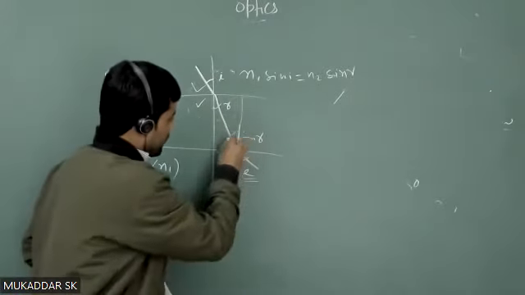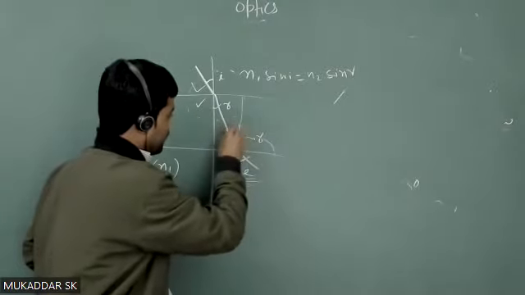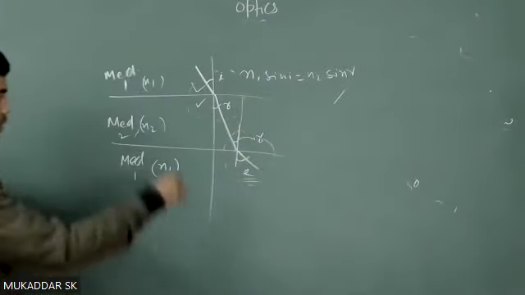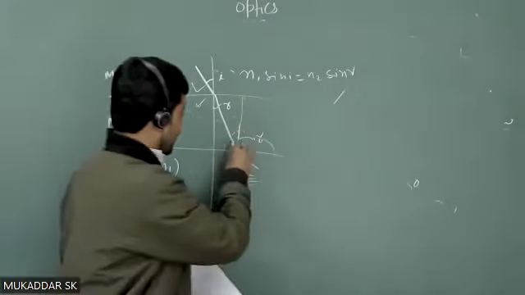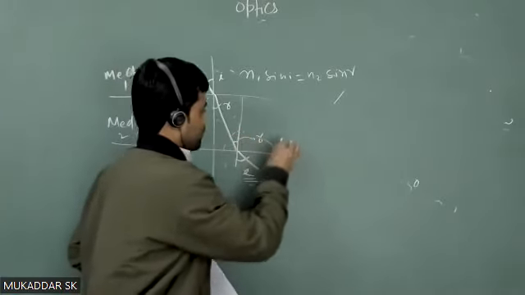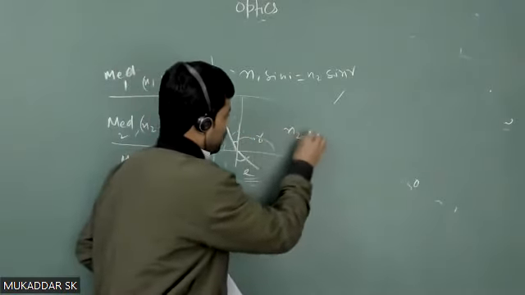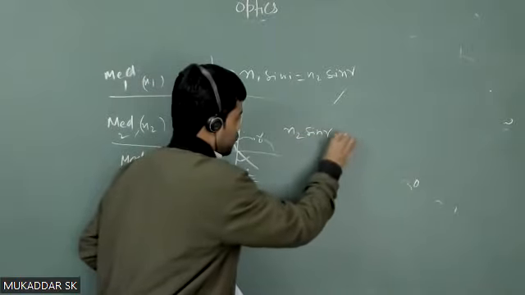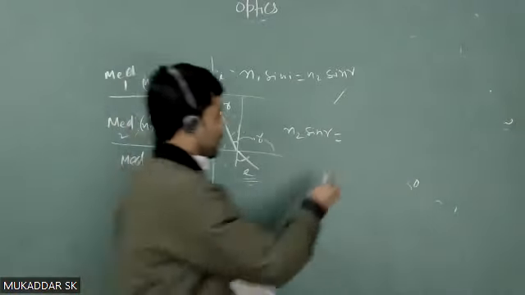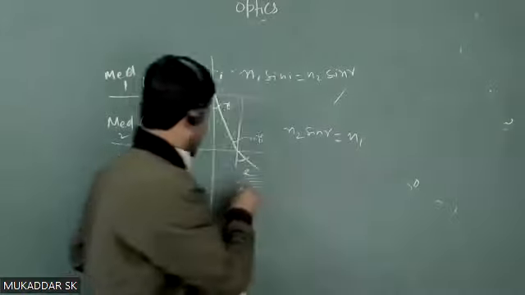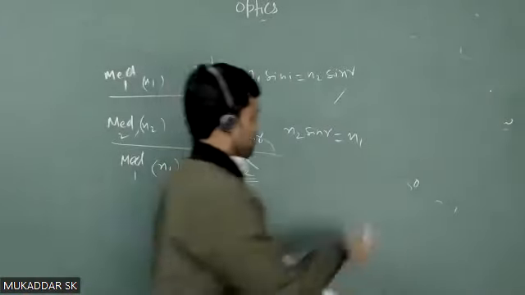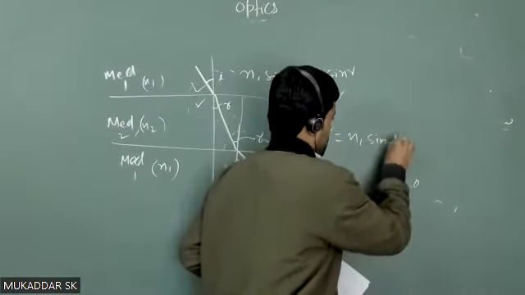Again, I can use Snell's law here as well, because again refraction happens here, right? So for this case, the angle of incidence is how much? R. So what I can write, N2 sine of R should be equal to n into sine of the angle of refraction, that is how much? E. That you have to calculate actually.